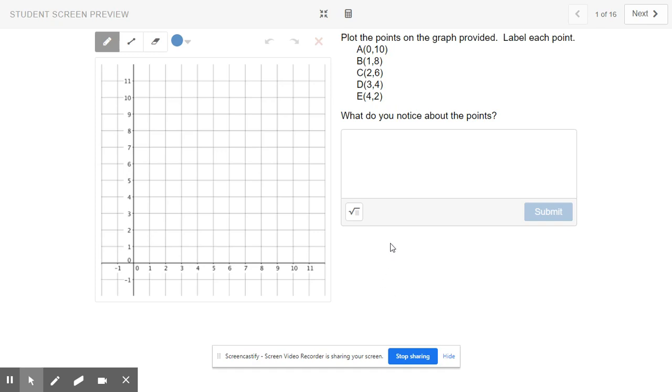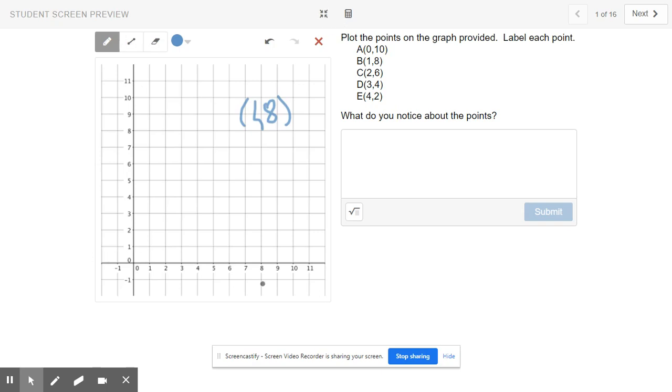All right. So, this is something that you have done in the past. And when you're asked to plot points, this is a coordinate grid, okay? I'm going to skip A for just one moment, and we're going to plot B first. If we want to plot a point like 1, 8, what we need to remember is that these two lines have special names.